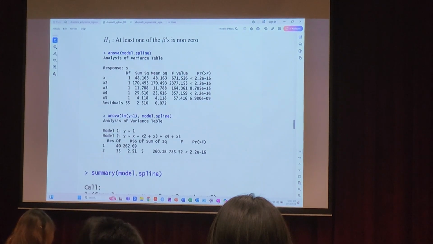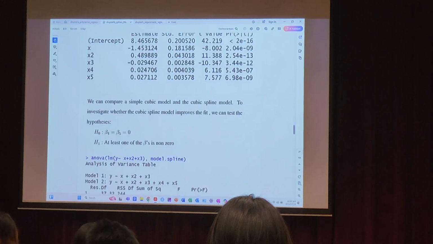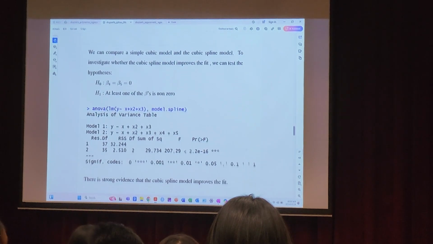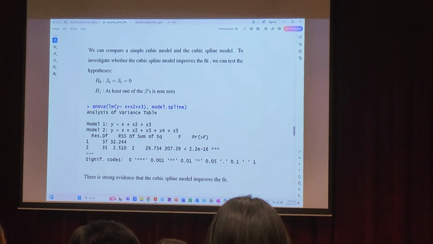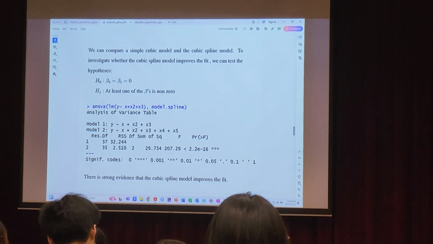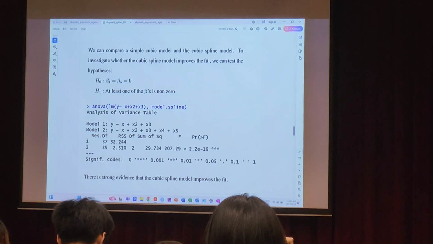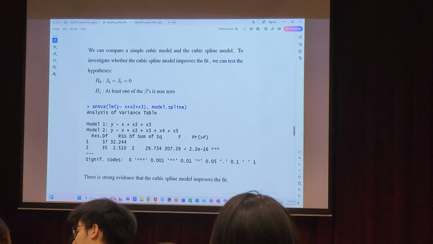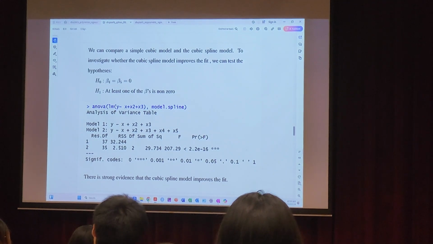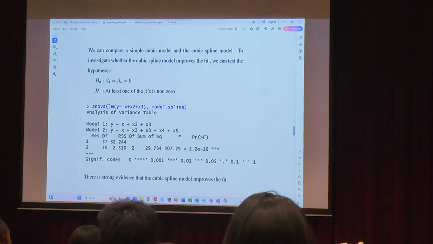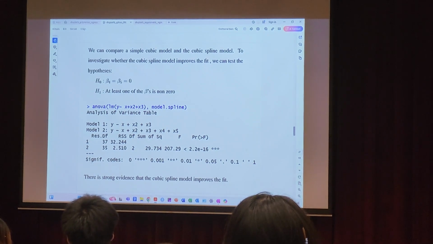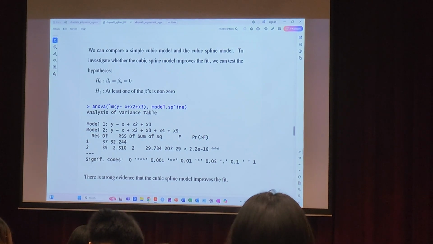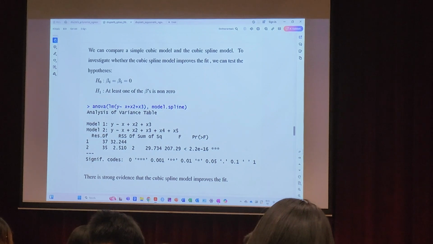So what happened next? Next I want to compare. Now I fitted a cubic spline model consisting of 3 cubic models in the 3 segments. And then we might want to ask ourselves, what about just a simple cubic model for the entire data set? Would that work or not?